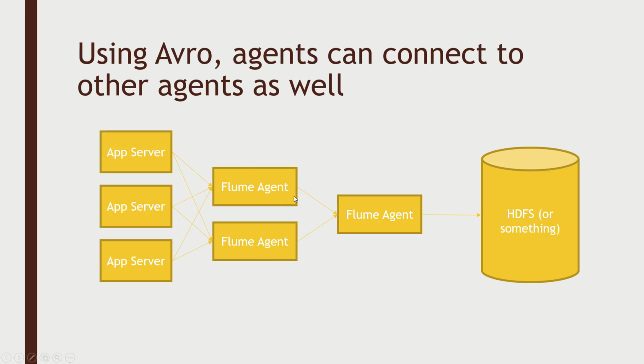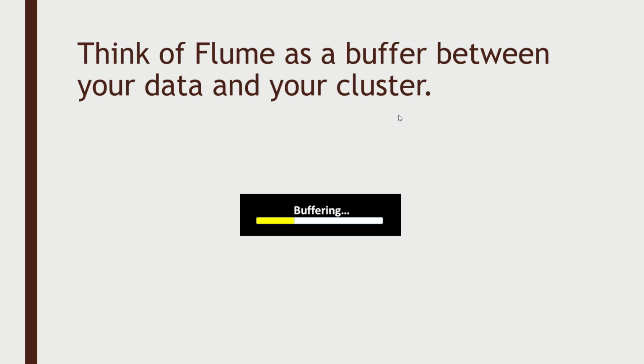Only when this tier also ran out of room for queuing up events would you run into trouble, where the app servers would actually be refused connections to the Flume agents. So you want to make sure you design your Flume flows in such a way that you're unlikely to hit the overall limit of all these layers given any reasonable length of outage.